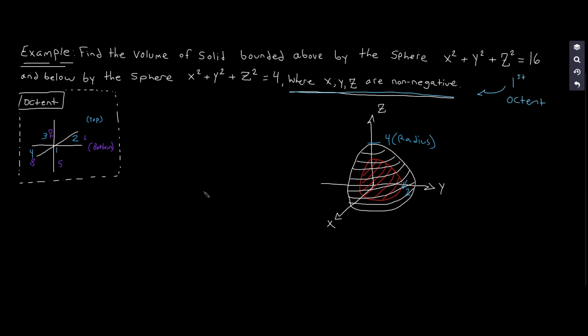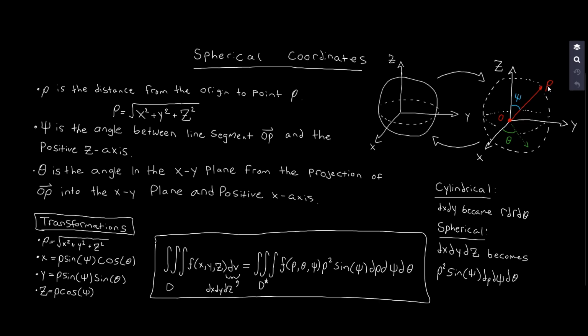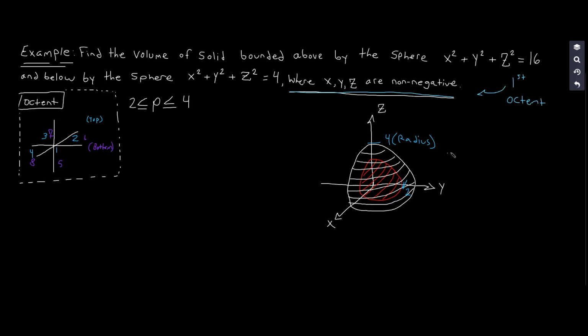We know that the spheres of radius 2 and 4 bound the region we're trying to find. Call it region D. So 2 is less than or equal to rho, which is less than or equal to 4. If you think about rho, this red line here, that is the radius of a sphere that would work for the region we're trying to find.